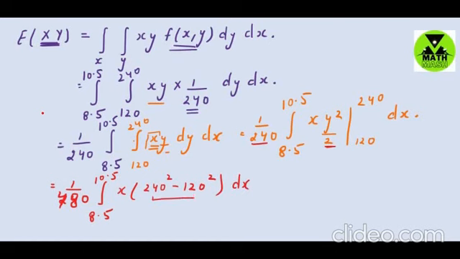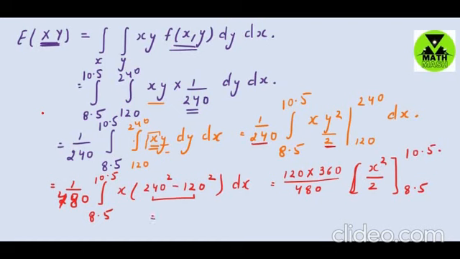Again we can use a squared minus b squared: a minus b is 120 and a plus b is 360. So we can take 120 times 360 outside, divided by 480, as a constant term, and then integrate with respect to x. That becomes x squared by 2, with limits from 8.5 to 10.5.